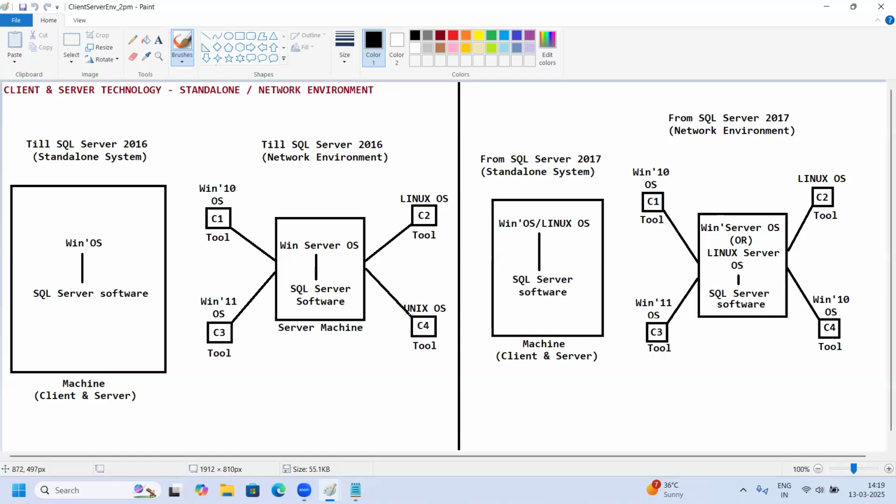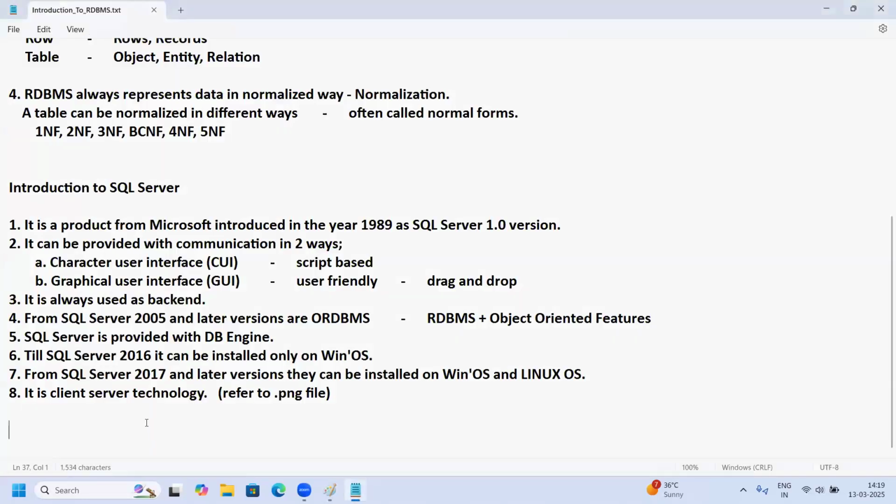Today, and I already said in my last class, since there are many versions of SQL Server available, it's of no use hearing each version and each release by heart. Release names you remember, it's more than enough. I'll give you one example.